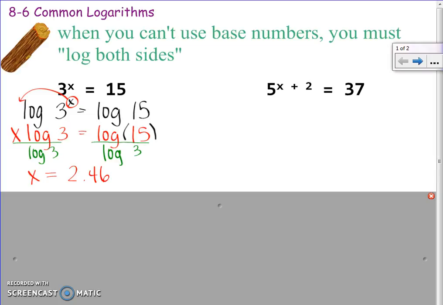Looking at the next one. We can't change these to base numbers, 5 and 37, that match. So this is where we would log both sides. Okay, what happens here?